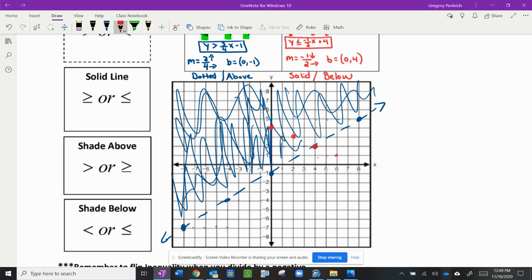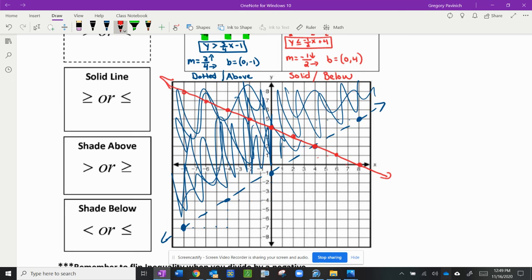So down 1, right 2, down 1, right 2. Go back up, reverse those directions. So up 1, left 2, up 1, left 2. And I know that it's a solid line. And it says to shade below.